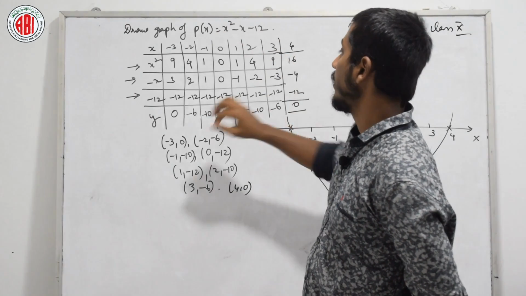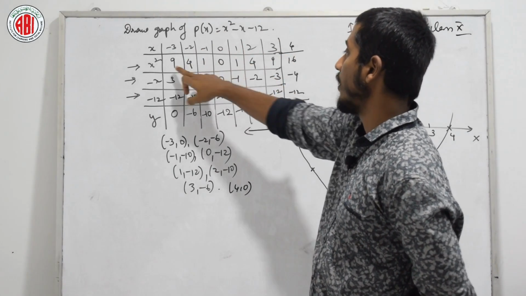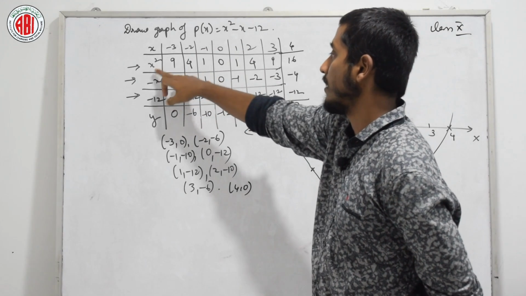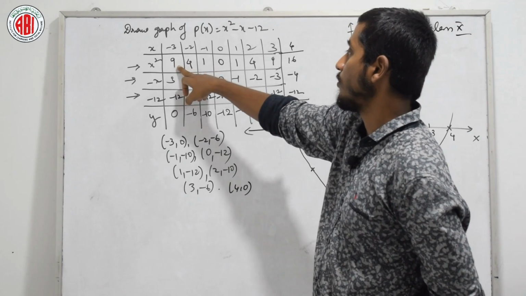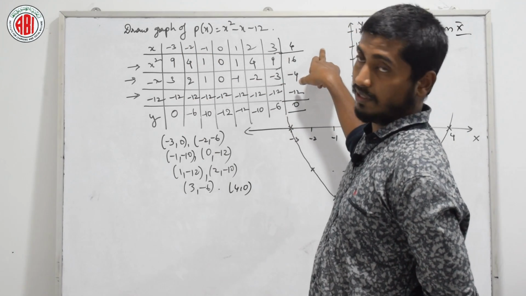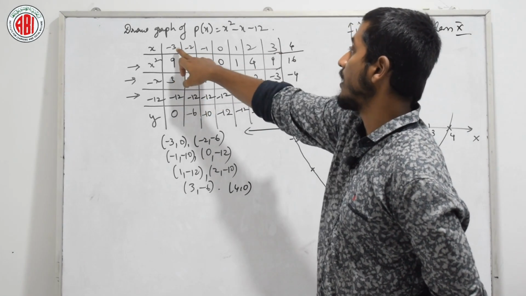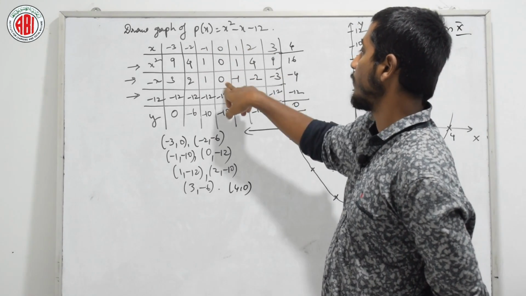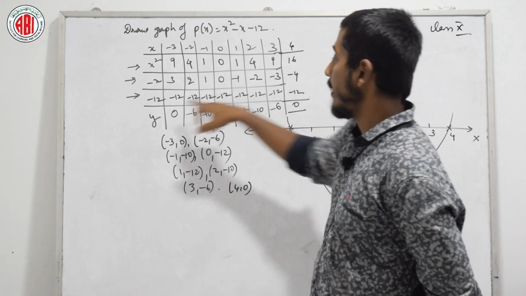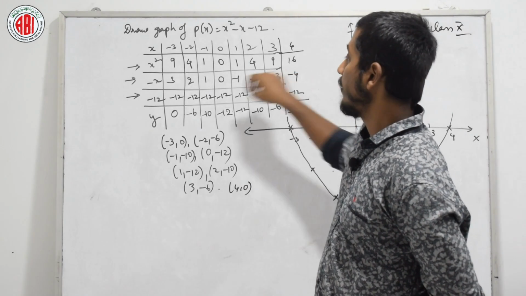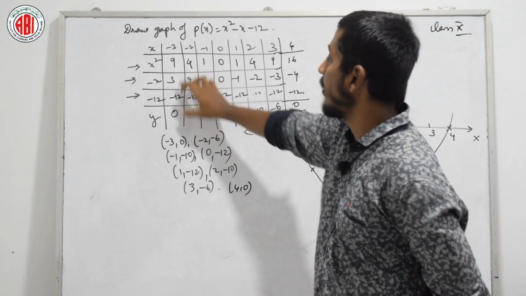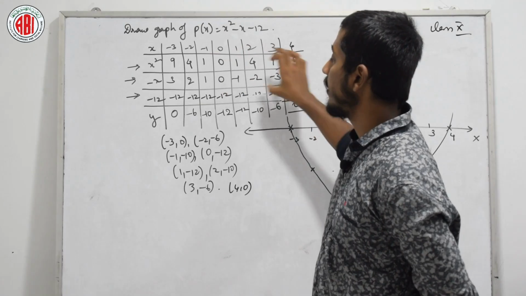Okay, see here. Now let us substitute all these values in different terms, that is x square, minus x and minus 12. X square is -3 square, 9, 4 and we have got all such x square. Minus x is just apply minus to all the terms. Okay, then add -12 to all the terms. Then we will get the y coordinate by adding these 3 terms.